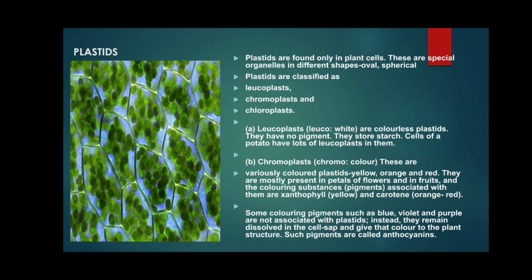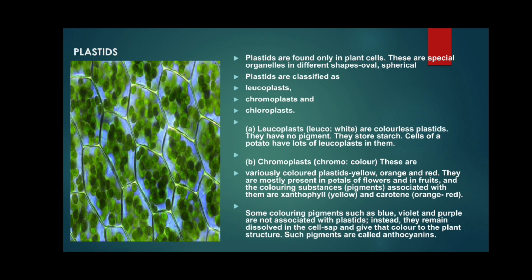As you know, chloroplast means green colored plastids, and from lower standards students study about chlorophyll, the pigment which traps the sunlight and helps the plant to begin the process of photosynthesis. So chloroplast is a common plastid. If we see the other types of plastid, then leucoplast and chromoplast are also there.